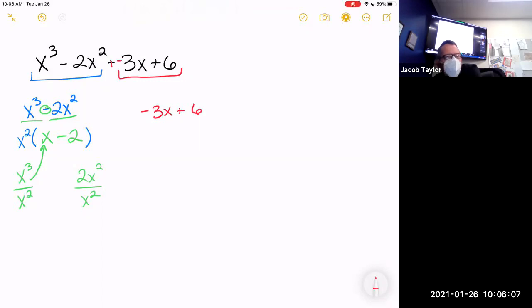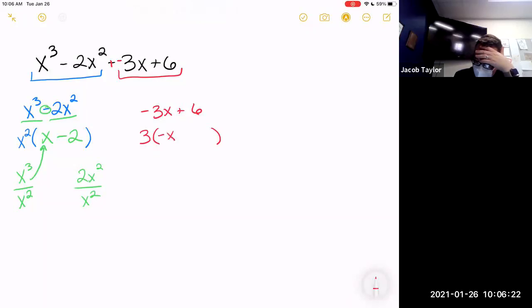The greatest common factor is 3. Don't write this down, just watch what happens when I use 3. So I put 3 in here, and then I would divide. Negative 3x divided by 3 is negative x, and then 6 divided by 3 is 2.